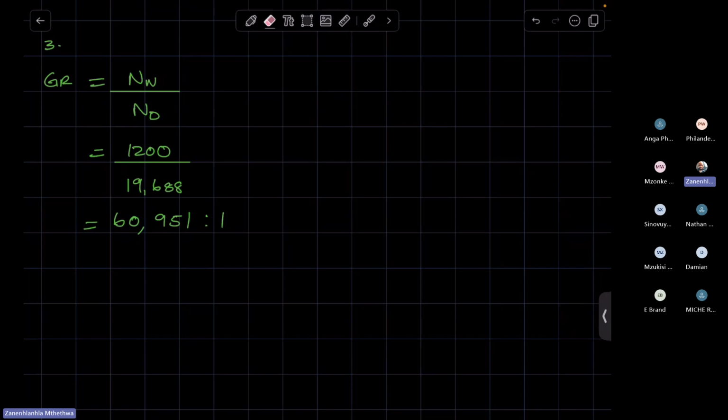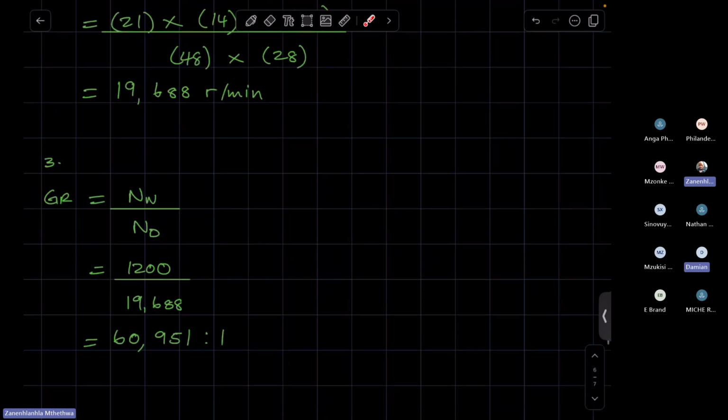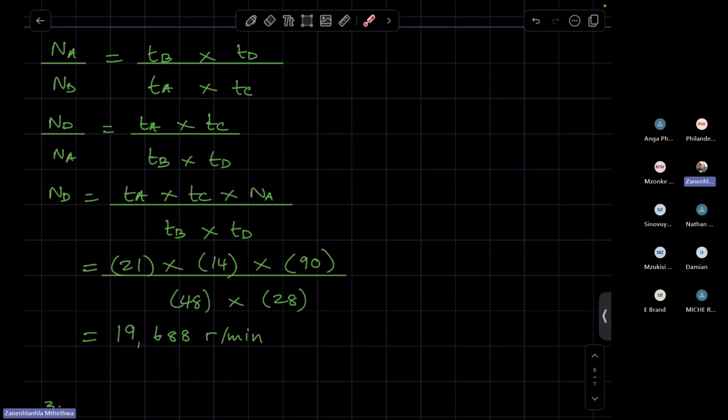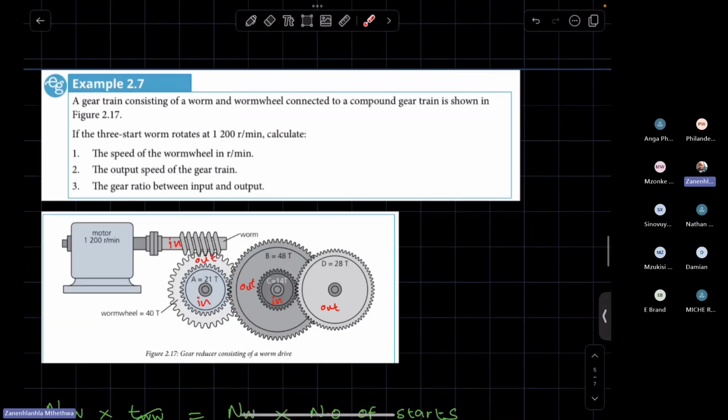So this here is the reason why we use a worm and worm wheel, to increase the gear system's mechanical advantage, velocity ratio, gear ratio. Are we clear here? Yes, sir. So as far as worm and worm wheels, this is the approach we take for these kind of problems.